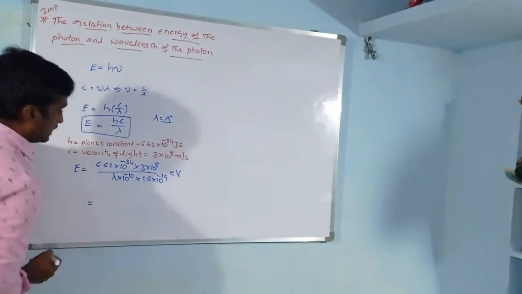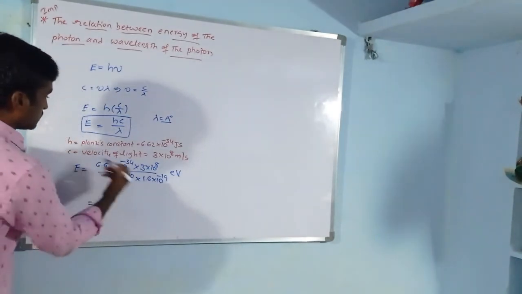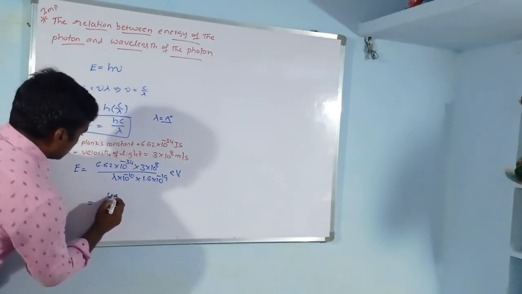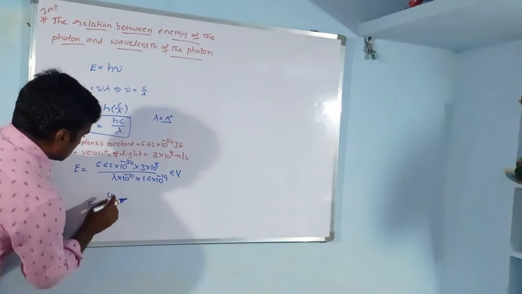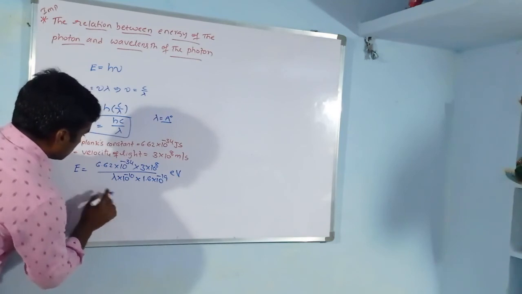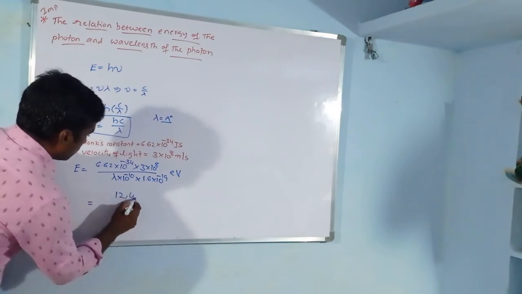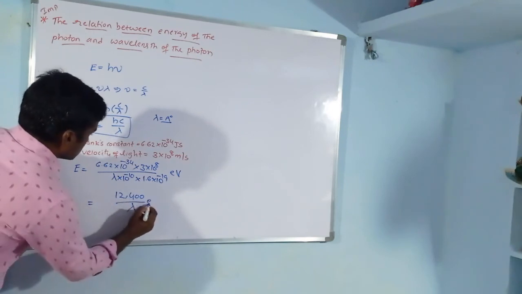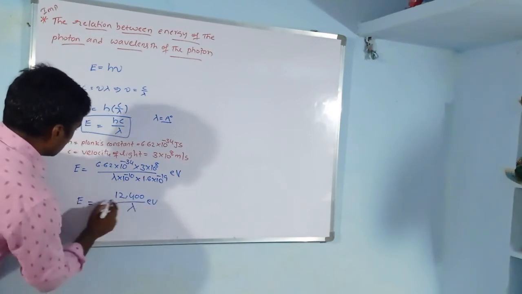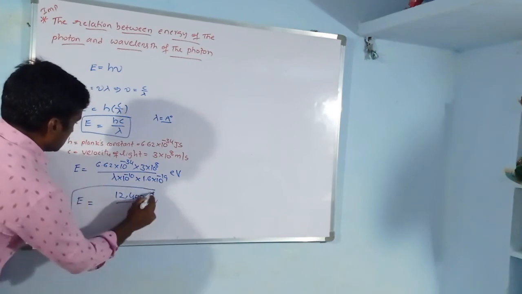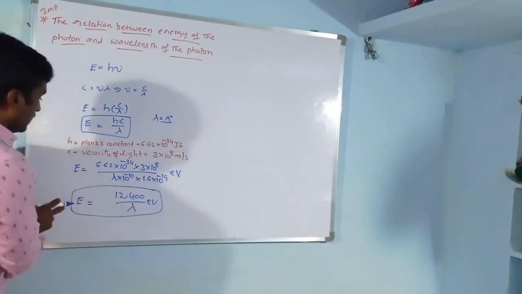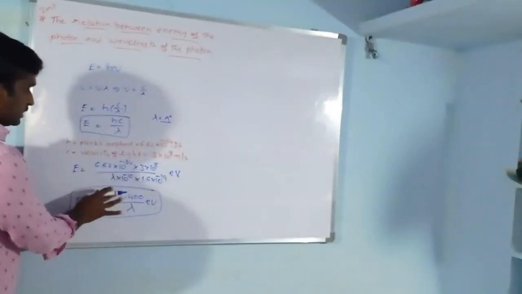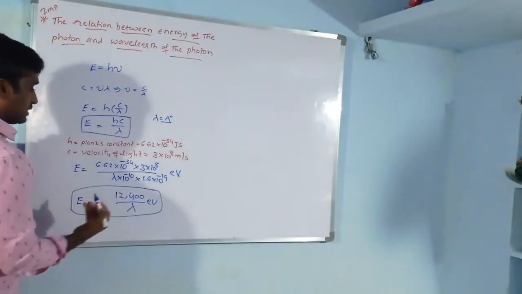If you calculate this total, we get 12,400/λ electron volts. This is the relation between the energy of the photon and the wavelength of the photon: 12,400/λ electron volts.